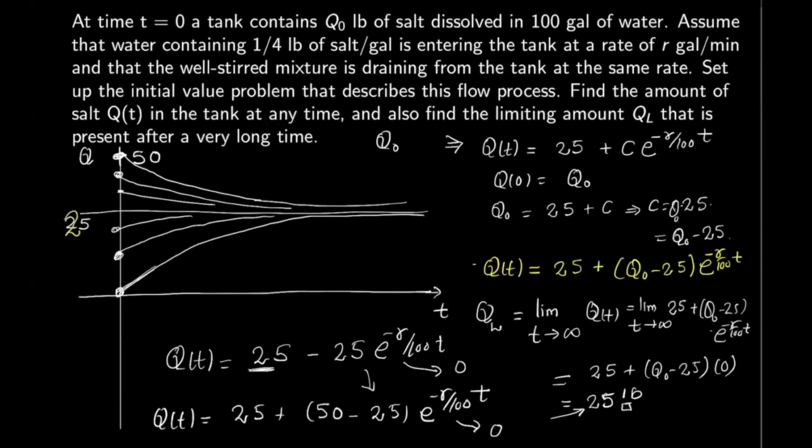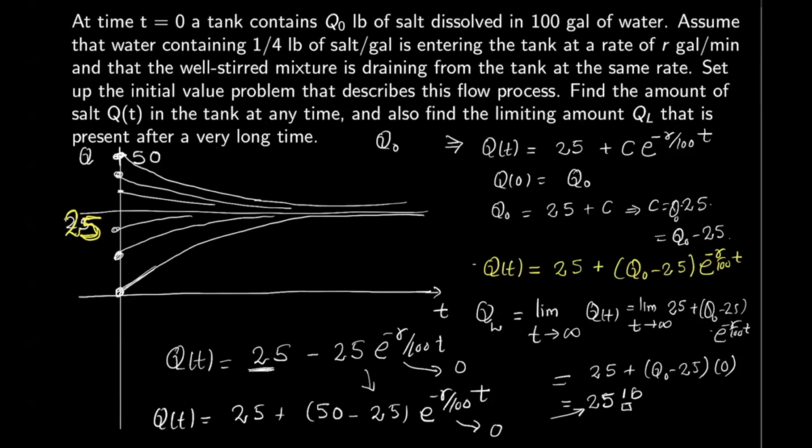It's sort of like a stationary solution for our problem: no matter how much salt is initially present in the tub, if we enter the solution with concentration 1 over 4, and the solution exits and enters at the same rate, ultimately there is going to be 25 pounds of salt in the tub.